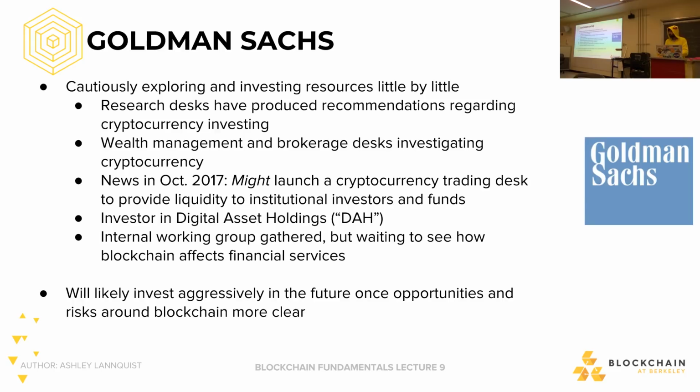So you have an internal group that's working on information, but they're waiting to see how blockchain actually affects financial services. So they're much more cautious, but after other people have done the trailblazing, they may jump in, like what happens with most other tech opportunities.